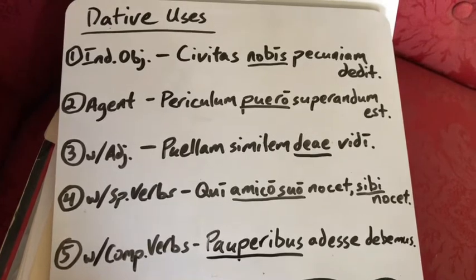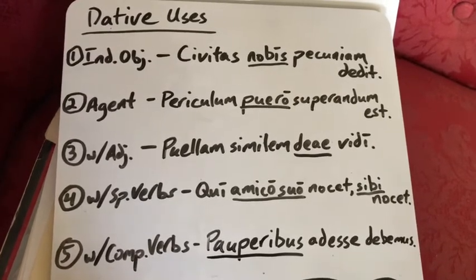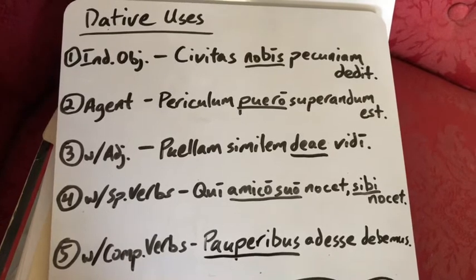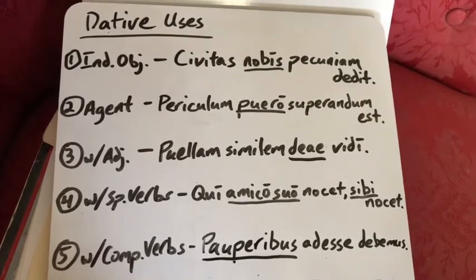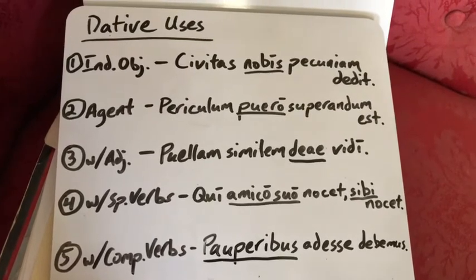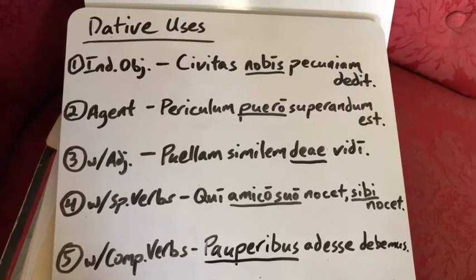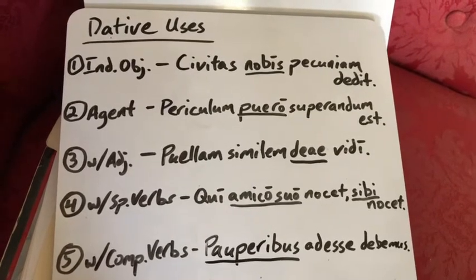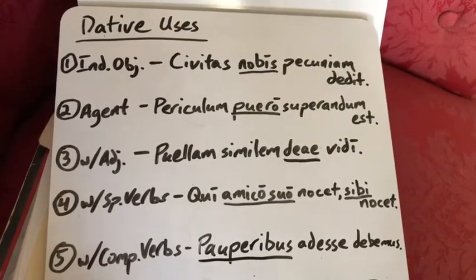So on number one here, Civitas, the state, gave pecuniam, gave money, nobis, to us. We are the indirect object there because the state isn't giving us, but they're giving something to us, so we're being affected by that.